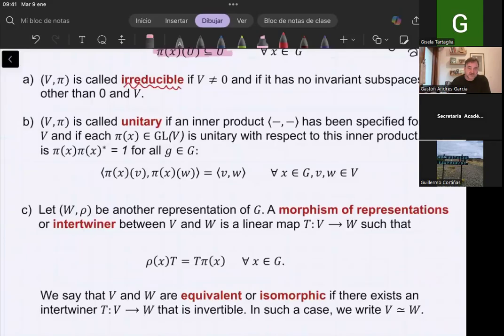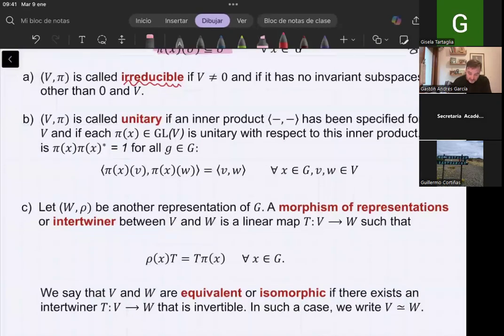A representation is called unitary if it has an inner product such that all the elements of the group act as unitary linear maps. What does it mean? It means that we are acting on vector spaces. Any vector space, being finite dimensional, has an inner product.